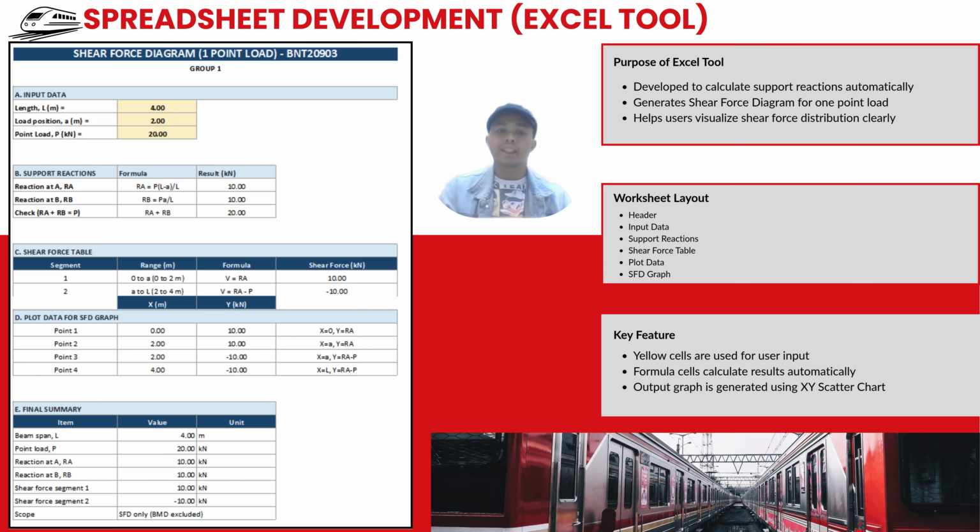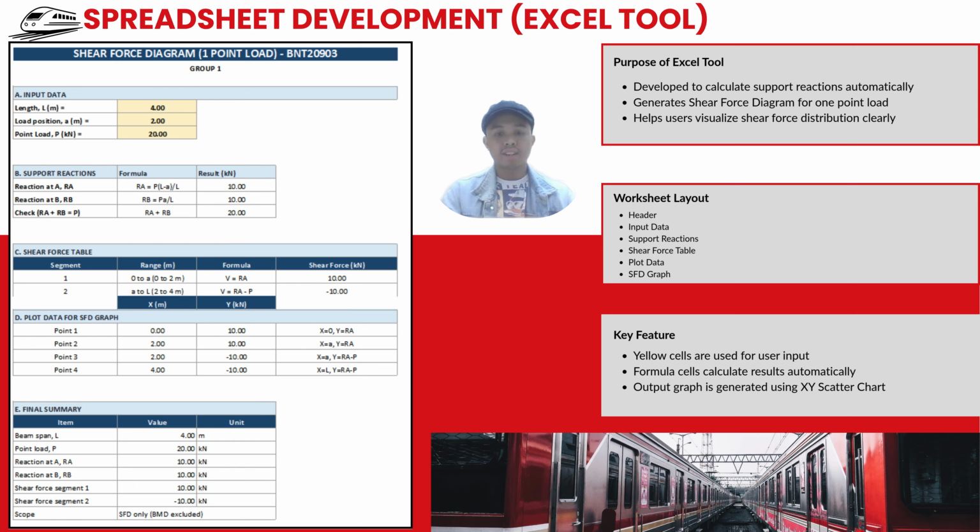Okay, about spreadsheet development, the Excel tool. For this part, I will explain the development of the Excel-based tool for the shear force diagram. The spreadsheet was designed to calculate the support reaction automatically and generate the shear force diagram for a simply supported beam with 1 point load. The Excel worksheet is arranged clearly into several sections, including the input data, support reaction, shear force table, plot data, final summary, and SFD graph.